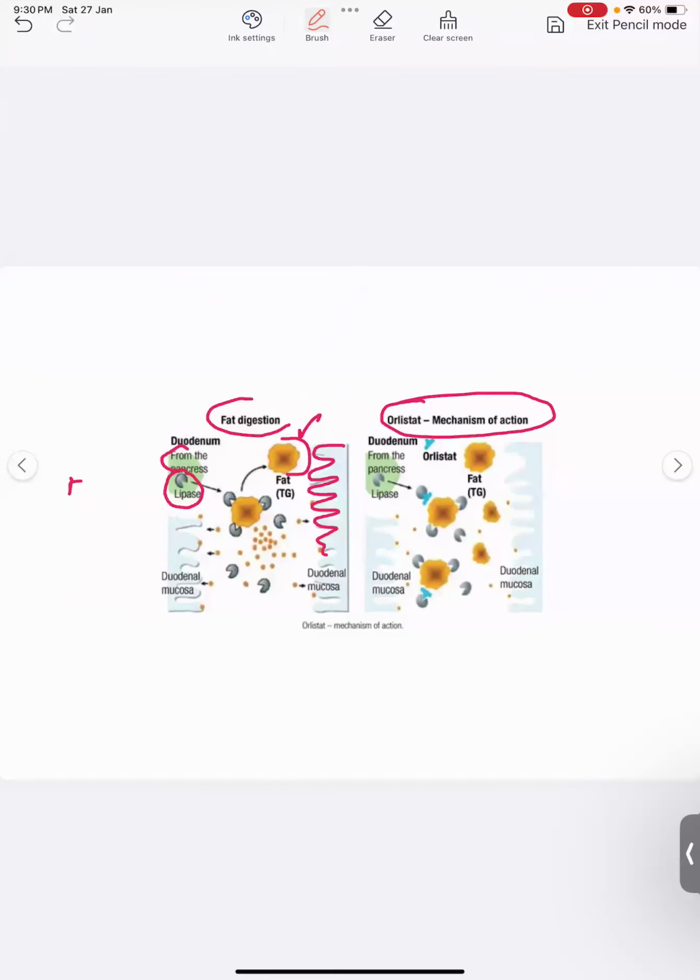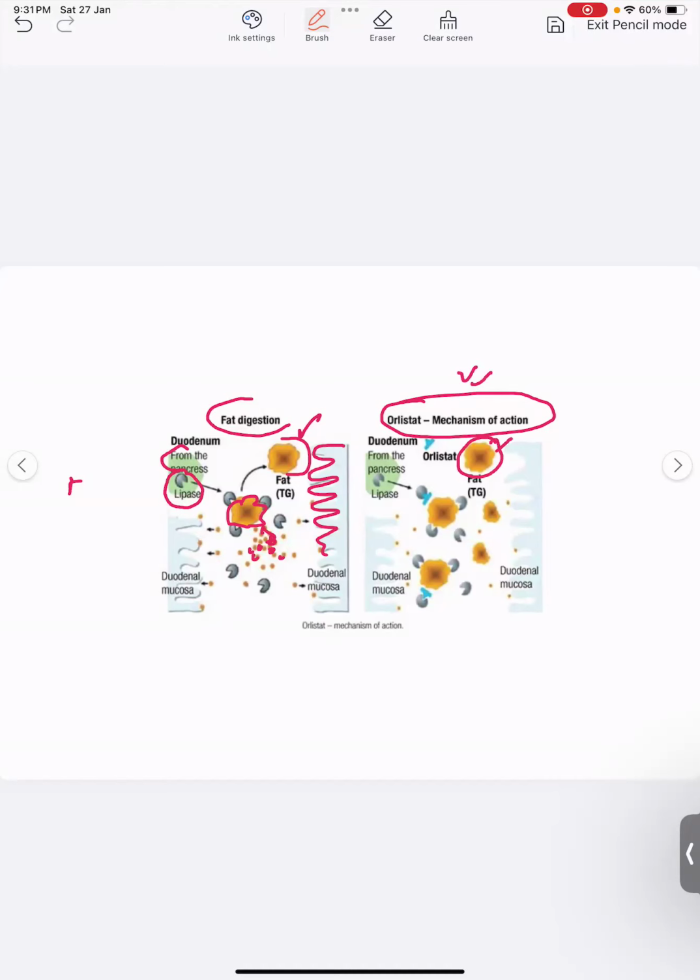This lipase acts on your triglycerides and converts them into monoglycerides, and due to this degradation, they are absorbed. So there is fat absorption. What is the mechanism of action of orlistat? It decreases the absorption of fat and fat soluble vitamins.